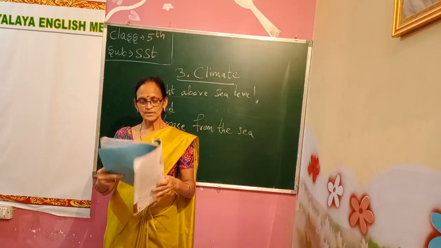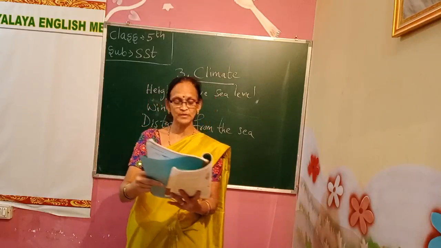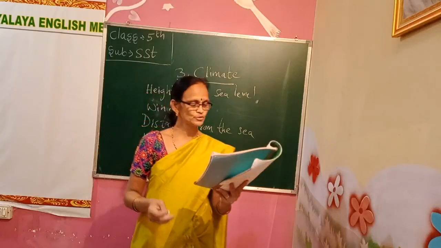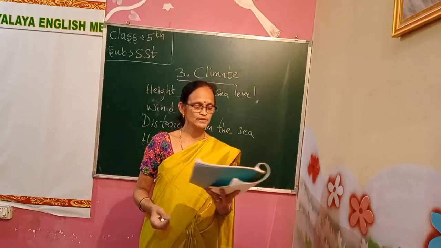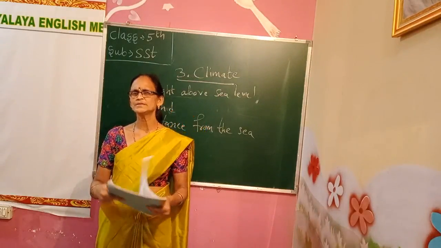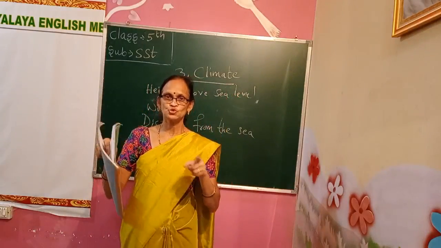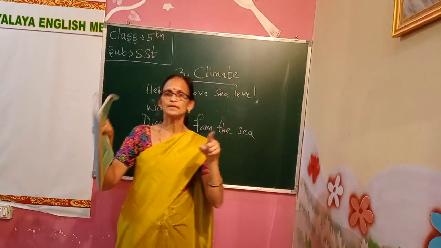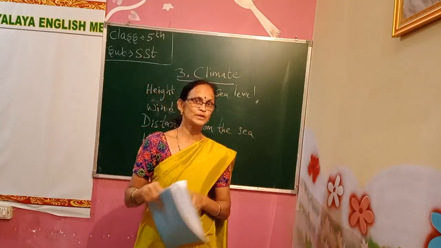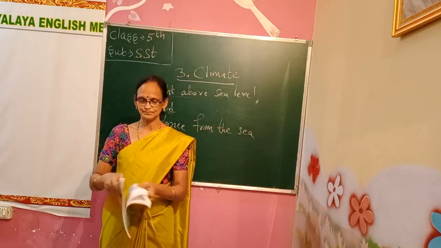Thiruvananthapuram is in Kerala, a coastal area, and its humidity is very high compared to Bangalore. Bangalore is interior, and Thiruvananthapuram is in the coastal region. So you feel humid in the coastal region, but not in Bangalore, because it is in the interior of the state.